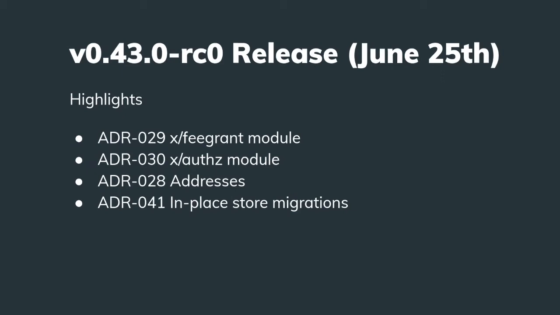We have the ADR 29 fee grant module, which was added. The fee grant module is a way to allow accounts to grant another account an allowance to spend the grantor's account balance for fees within certain defined limits, whether those limits are periodic or just a one-time limit.